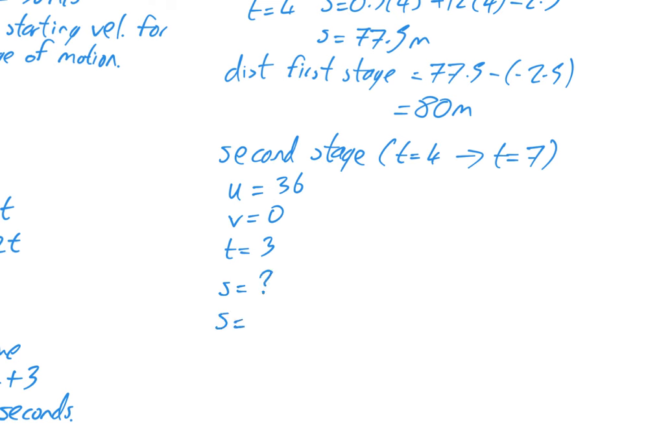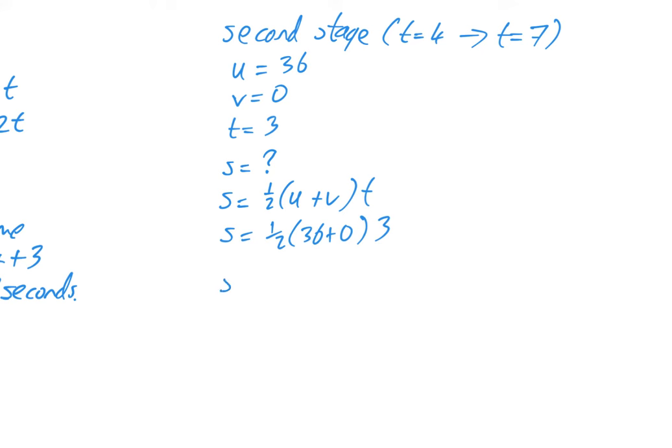So I just write that whatever I'm trying to find, I just like put it equal to question mark. We're going to use the formula half u plus v times t. So S is equal to a half times 36 plus 0 times 3, and whatever that works out to be, half of 36 is 18 times 3 is going to be 54 meters.